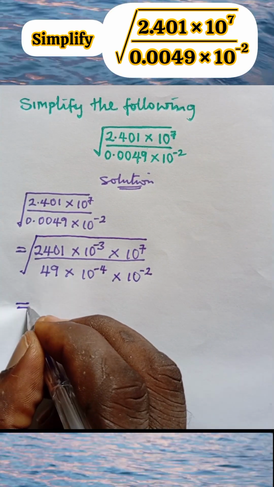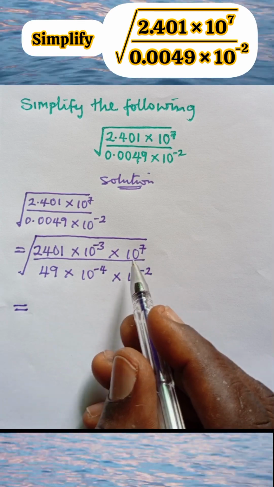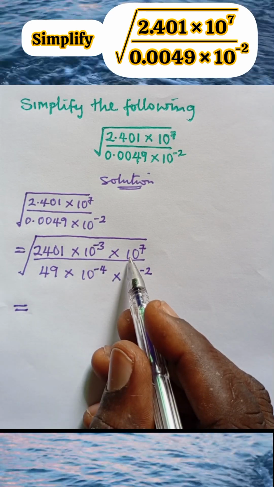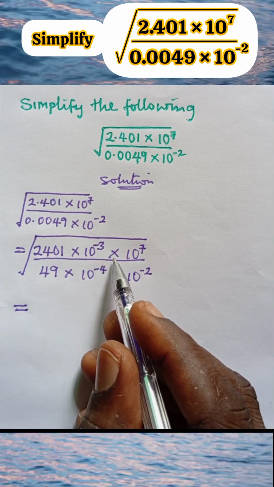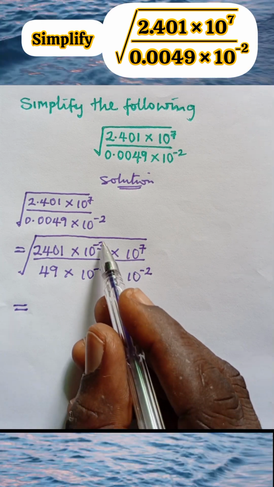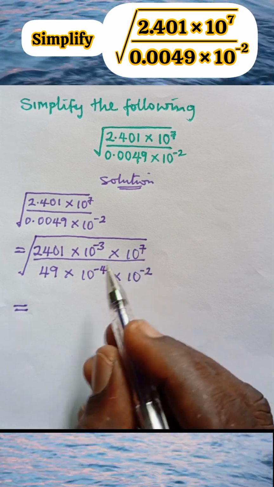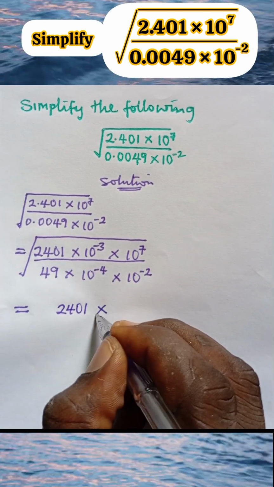Now we have this as equal to, take note, these two terms have the same base 10, and they are related by what? Multiplication. When you have two exponential terms with the same base related by multiplication, you use one of the base to represent them, then add their exponents together. So we have here 2401 multiplied by 10.